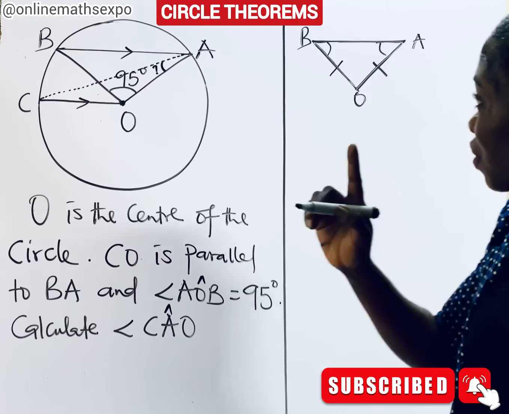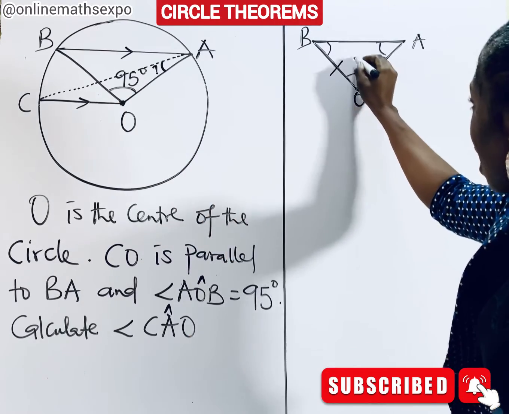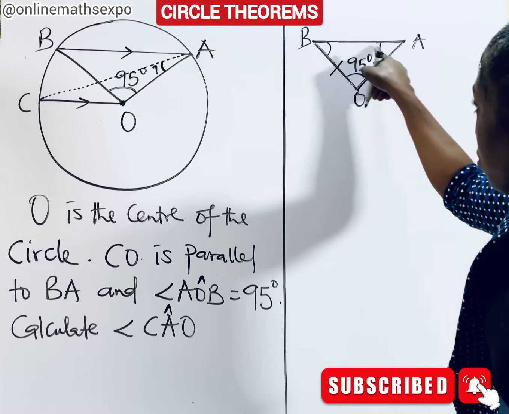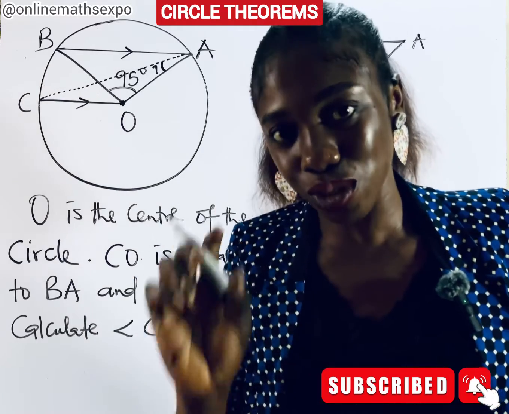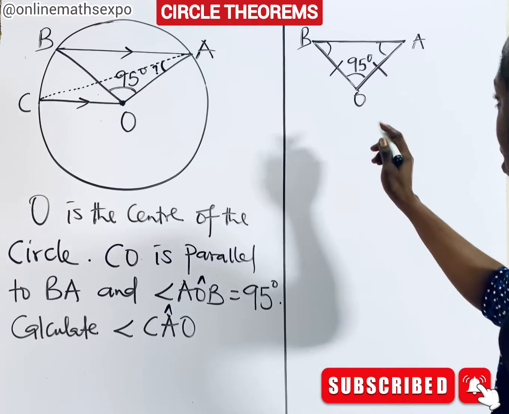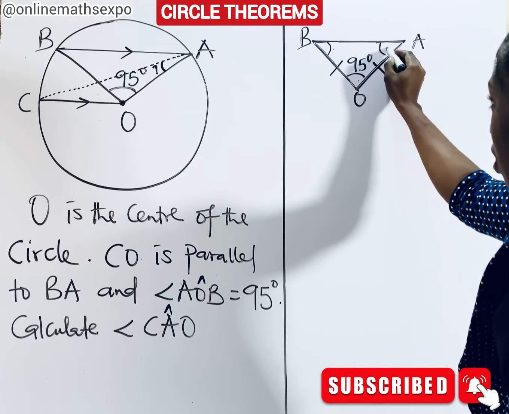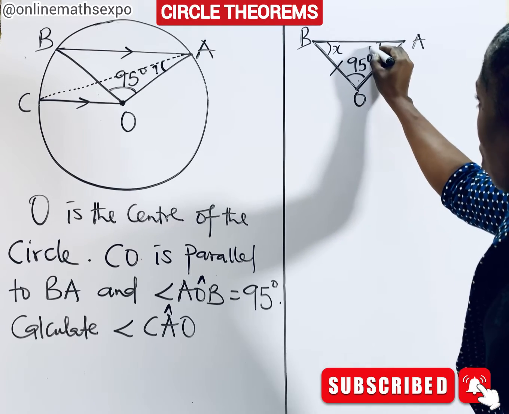And the question gave you this: this angle here is given as 95. So we're going to use this now to find the missing base angles. And remember, the total angles of a triangle is 180. So if we add these whole angles, what is here should be the same as what you have here. Let's say that here is x, here will also be x.